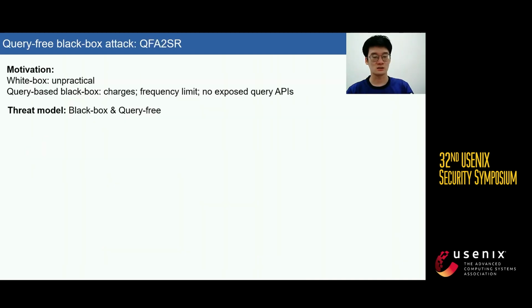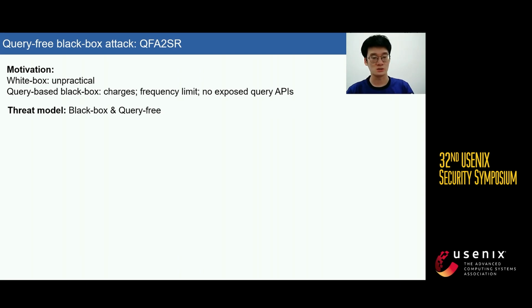Adversarial attack against speaker recognition is not new. Some of them are white-box attacks, which become impractical in the real world, especially for commercial systems. The others are query-based black-box attacks, which still suffer from some limitations. For example, many commercial systems often charge for the query and also pose limits on the frequency of the query.